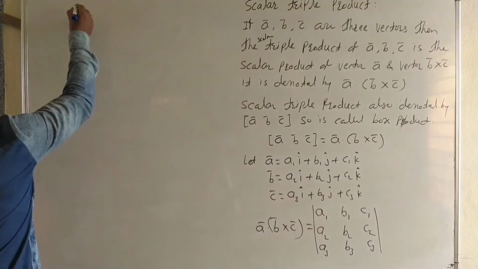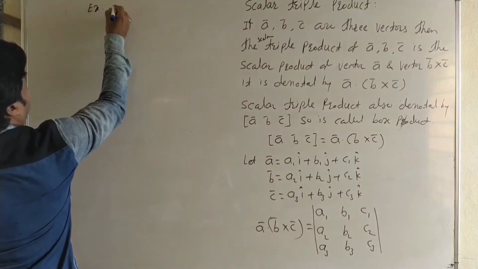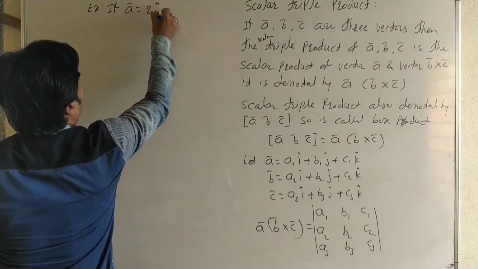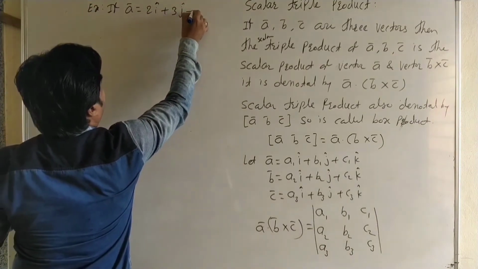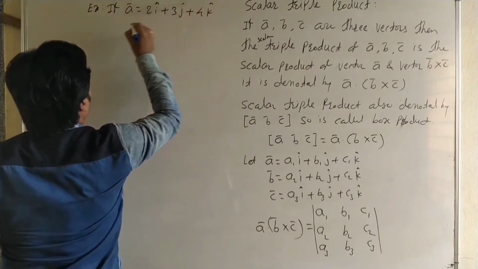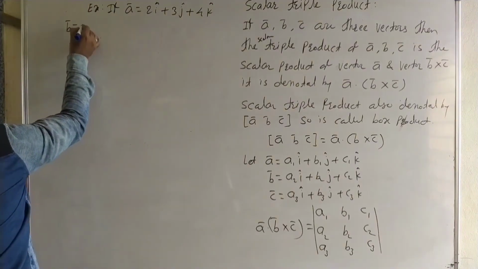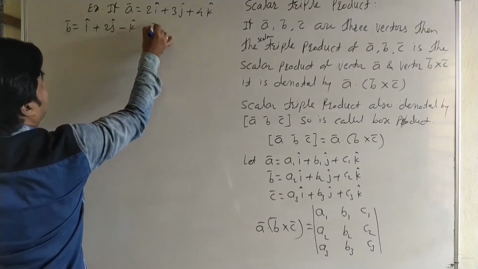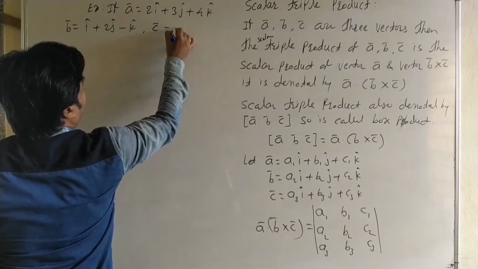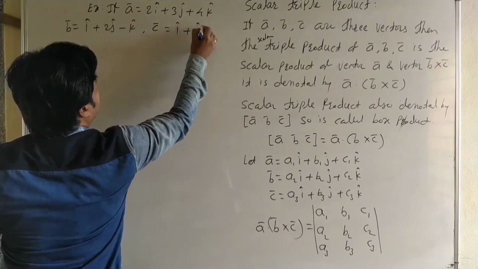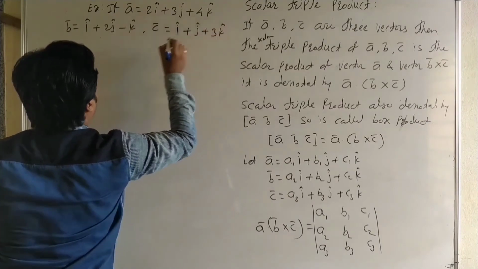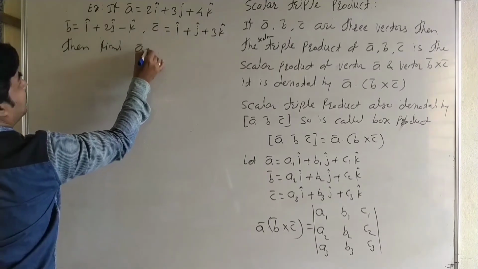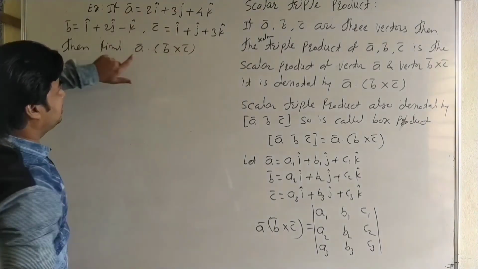For example, if A bar is equal to 2i cap plus 3j cap plus 4k cap, B bar is equal to i cap plus 2j cap minus k cap, and C bar is equal to i cap plus j cap plus 3k cap, then find A bar dot B bar cross C bar, that means the triple product.